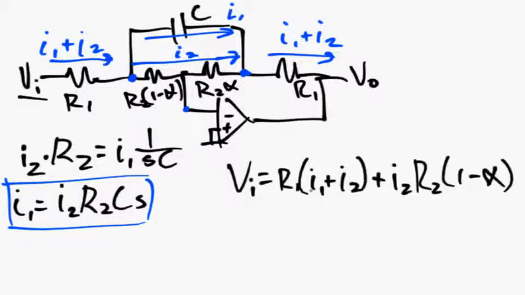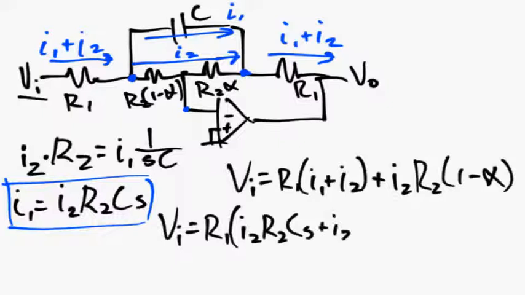And then if we put in our new value for I1, we'll get a longer value for Vin: R1 times I2 R2CS plus I2, plus I2 R2 times 1 minus alpha.